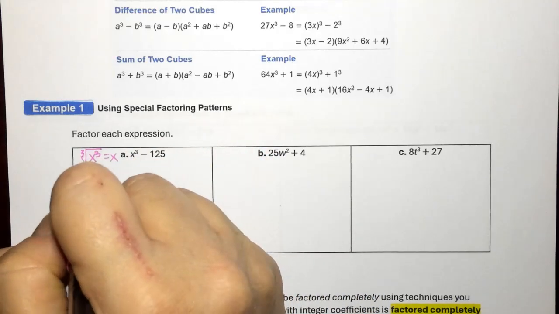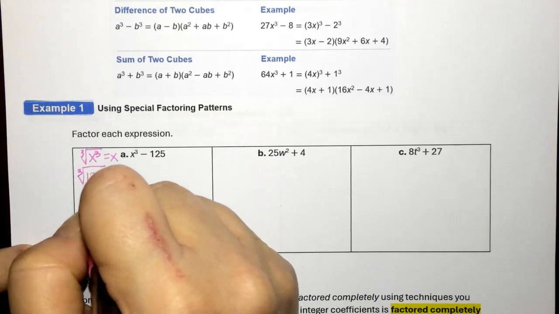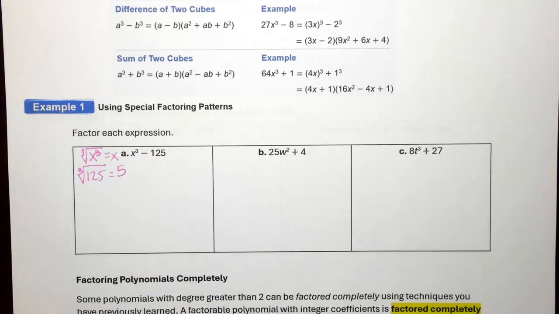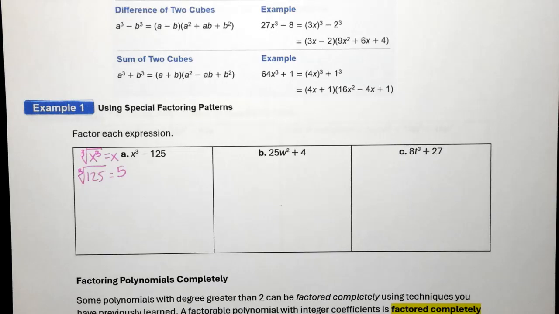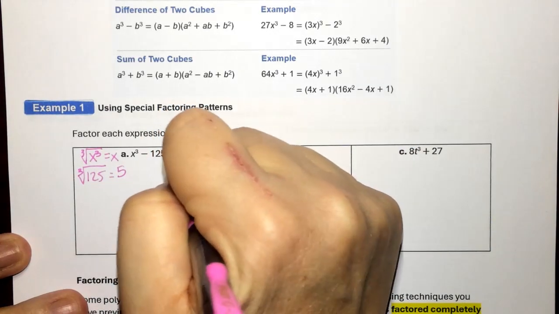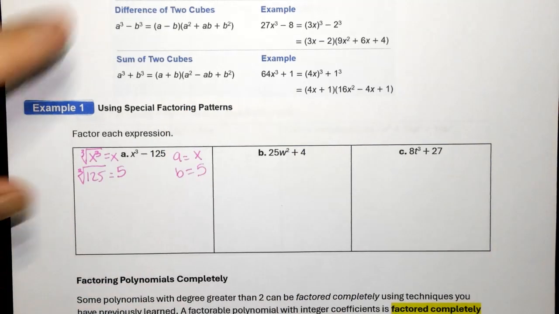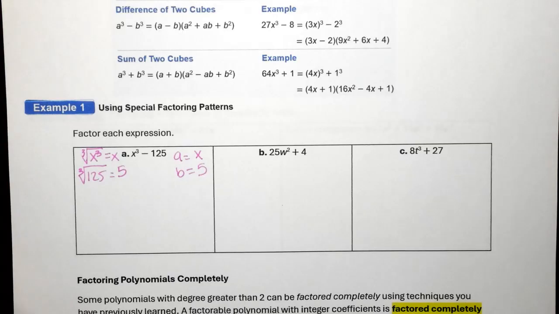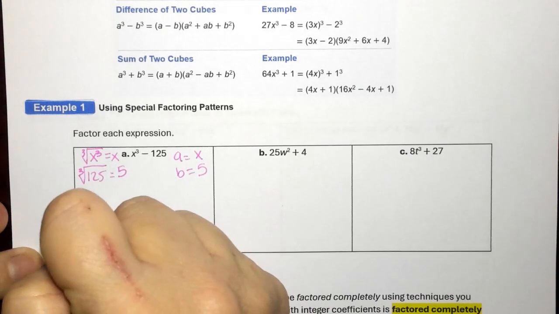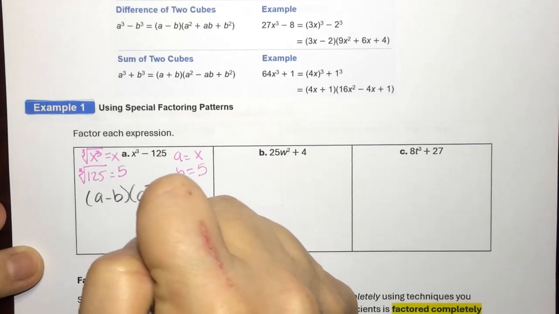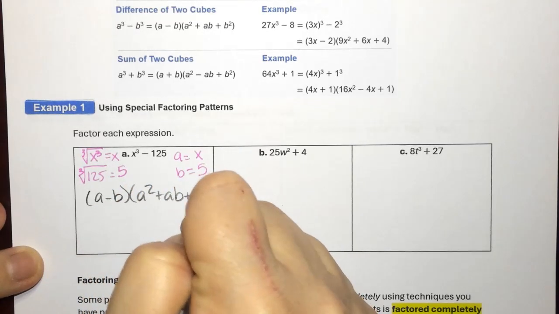And then we have the cube root of 125. So what number can you multiply to itself 3 times to get 125? You can always use a calculator for help too. So what does that mean? That means our a value is x and our b value is 5. So we're going to take this pattern and we're going to rewrite this to fit into that pattern. So my pattern is a minus b times a squared plus ab plus b squared.